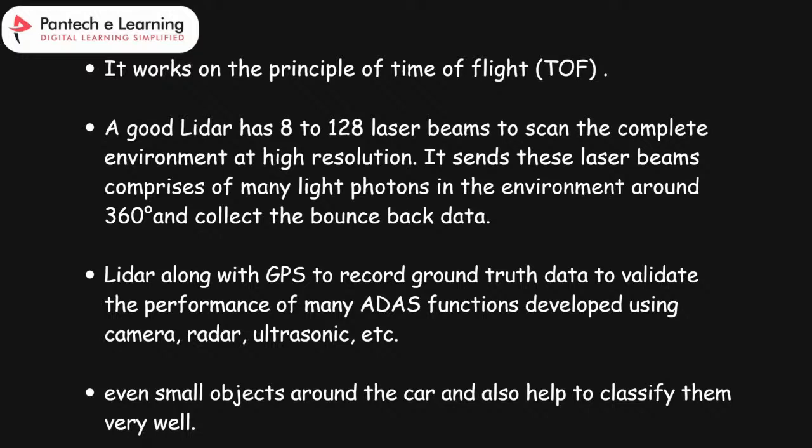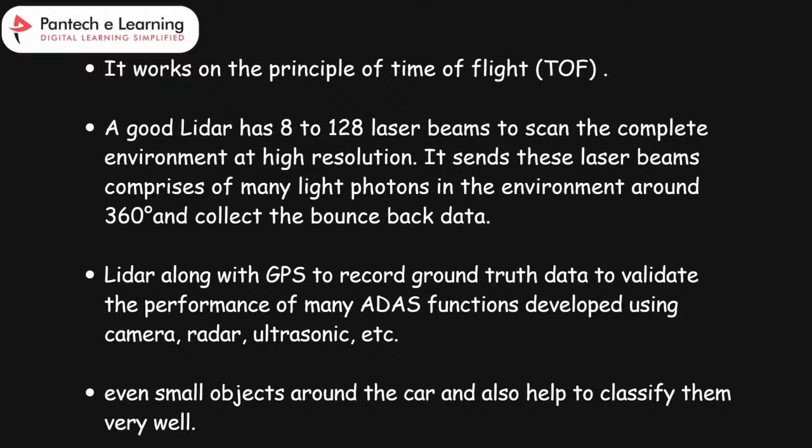A good Lidar scanner shoots out 8 to 128 laser beams in all directions to create a detailed 3D map of the surroundings. These laser beams hit objects and bounce back. It collects the bounce-back data to create a picture of everything around the vehicle.